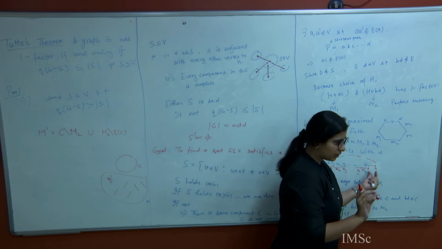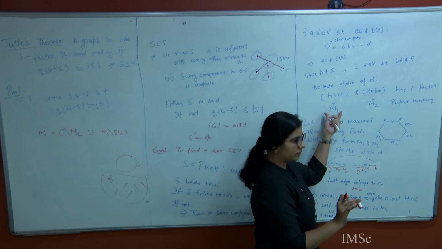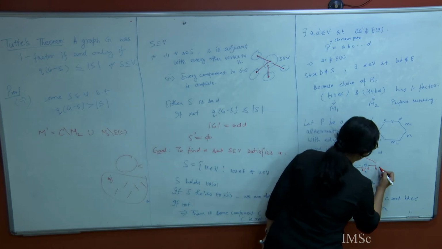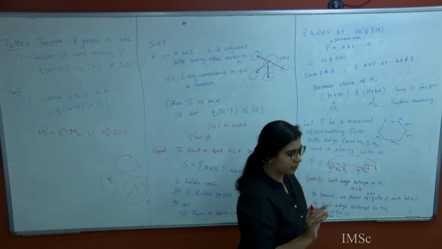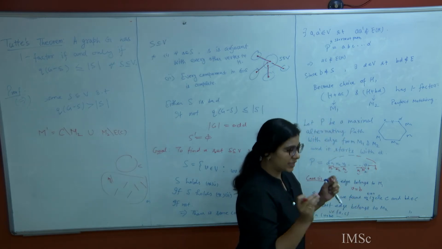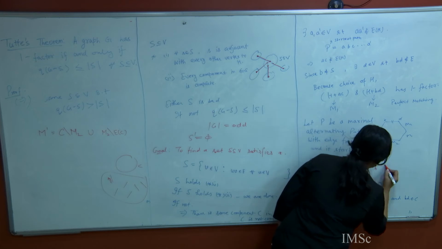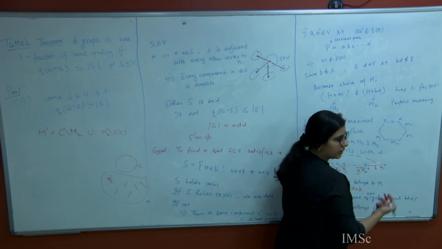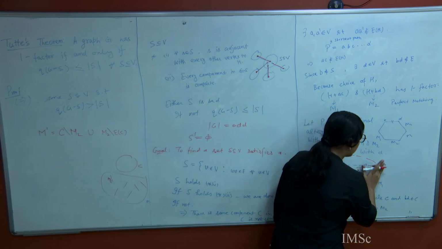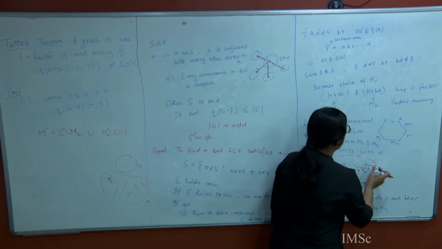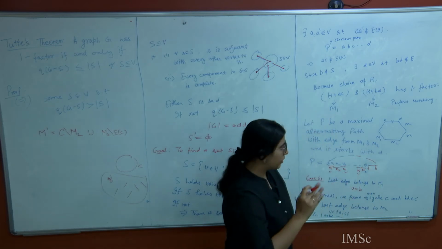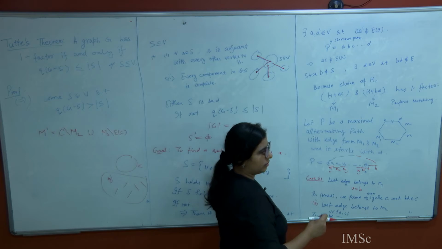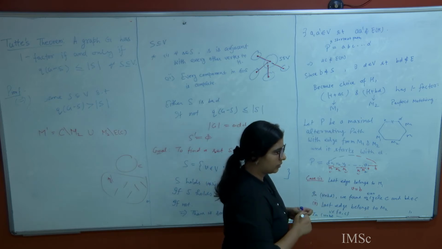So A is not saturated by M1 in H, so that is why it cannot be in M1 actually. But yeah, B must be M1 saturated. So maybe there is some edge like this from some other vertex, but we are just looking at this path. You are saying, okay, this edge was not in M1, not in M2, but now I just want to put this in my new matching M prime in both the cases.